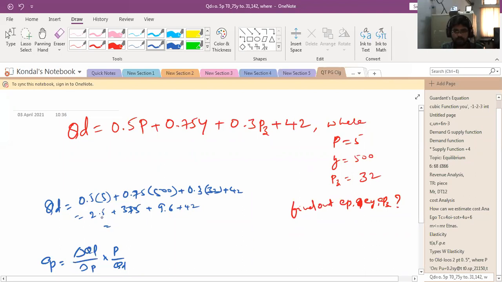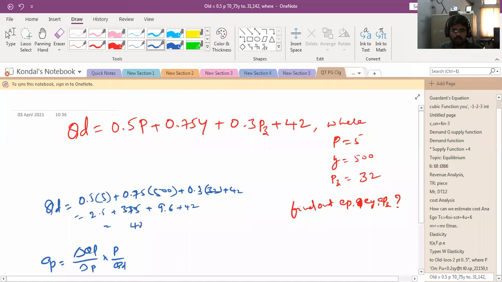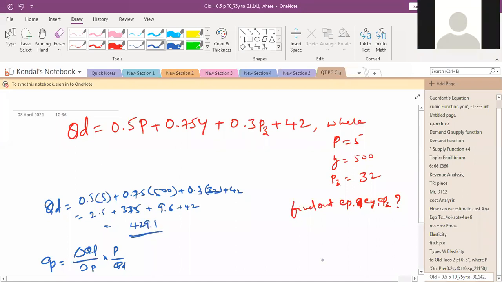Please add all those values: 375 plus 2.5 plus 9.6 plus 42. You can do it in the calculator. That is 429.1.